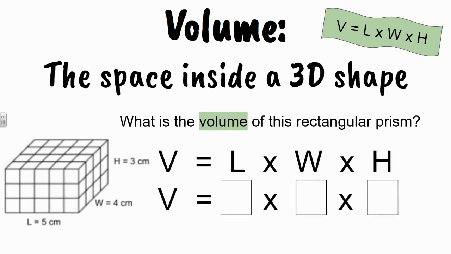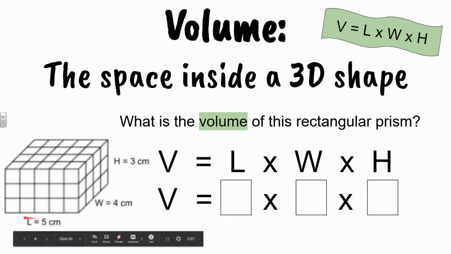I'm then going to first gather my ingredients. I can see from the picture here, I want to find the length. Well, the length is given to me. It tells me that the length is 5 centimeters. And if you're wondering where that comes from, you can see that this is 1 centimeter, 2 centimeters, 3, 4, and 5. So when I am collecting my ingredients, I can just look right at the picture. The length is 5 centimeters.